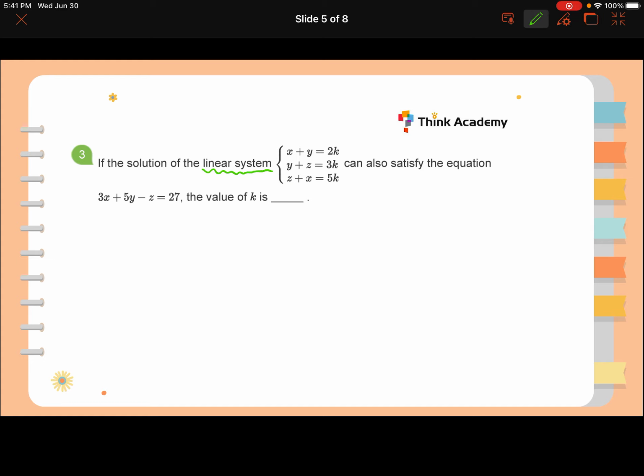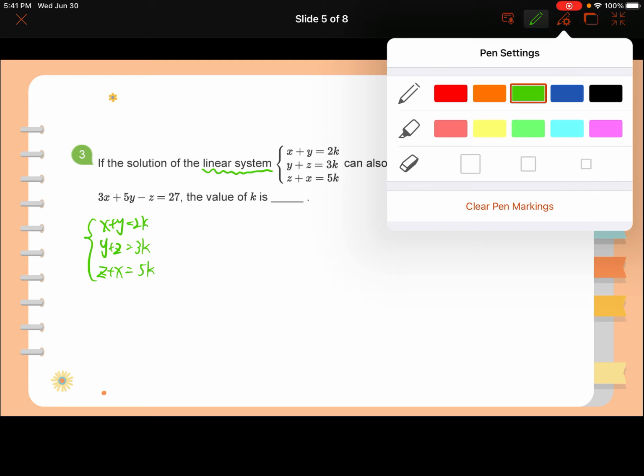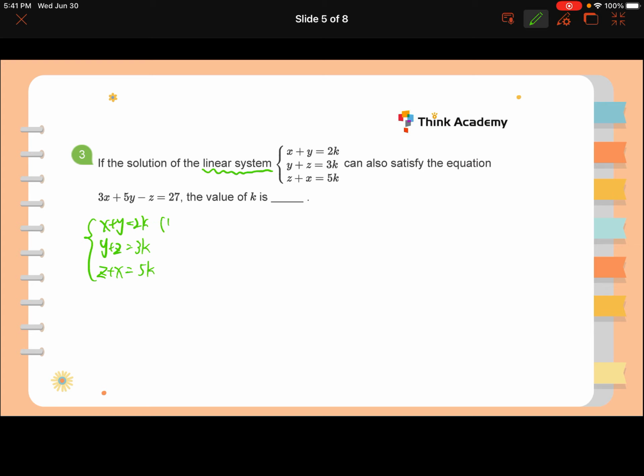So let's do that. We first have the linear system: x plus y equals 2k, y plus z equals 3k, and z plus x equals 5k. And let's say the first equation is equation 1, the second one is 2, and the third one is 3. Now we first use 1 minus 2. What do we get?